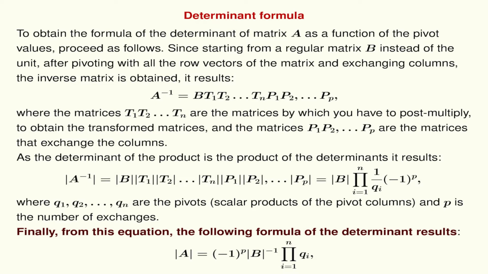In this way it is proven that the formula that we have used was correct, and that it is a formula derived from the pivoting algorithm and from the theory we've seen of these elementary matrices.